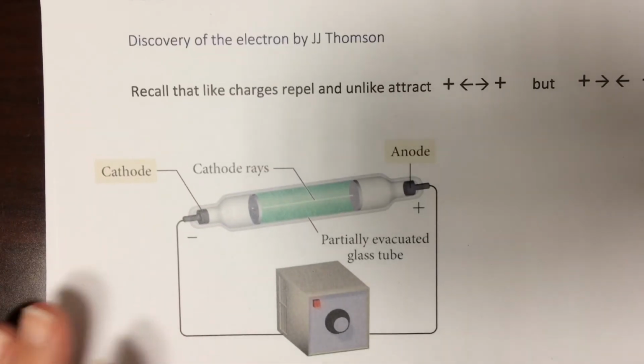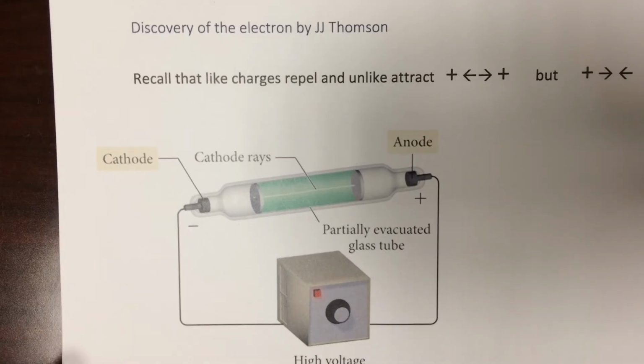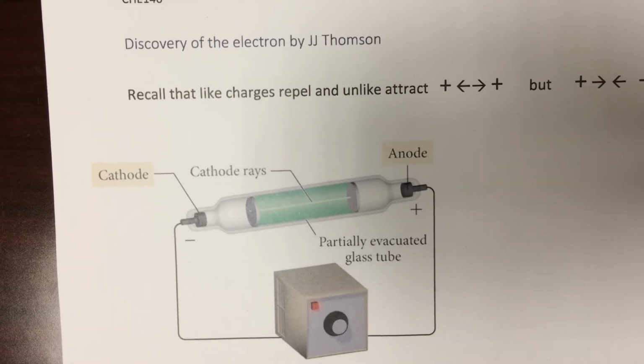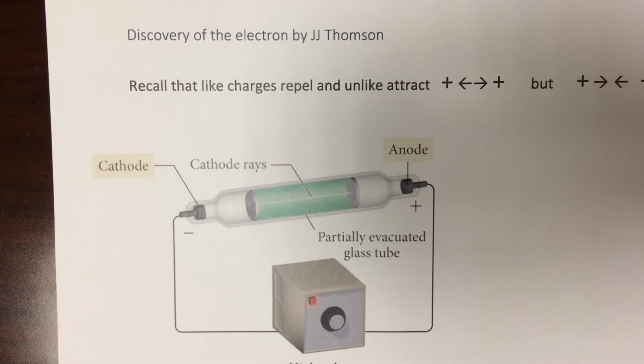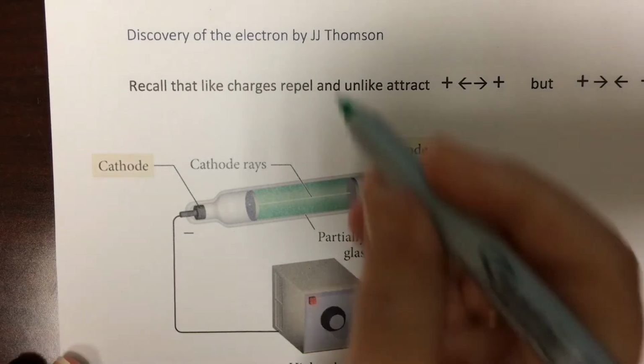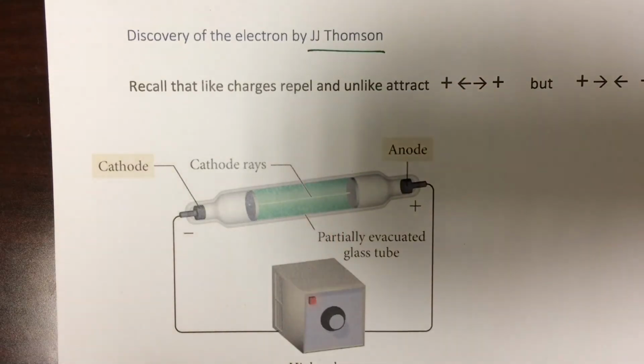So, according to Dalton, an atom was the smallest possible piece of matter. And so everybody believed this until we came up with J.J. Thomson. And J.J. Thomson was working with electricity, and it was fairly new in the early 1900s.